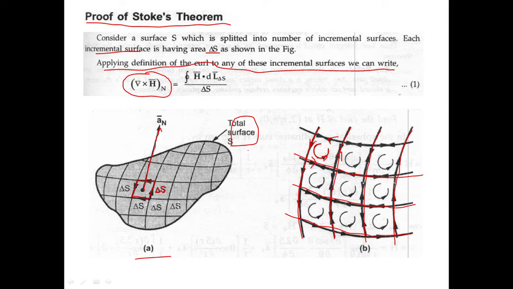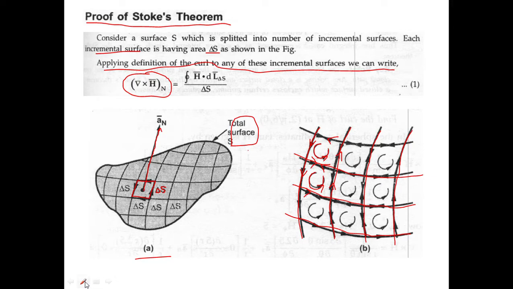This is for the first surface. Similarly, if I take the same arrow direction here, this will have contact with the previous one, so the arrows will be on this side, and here like this, and here like this. Now we have seen this only for these two surfaces.